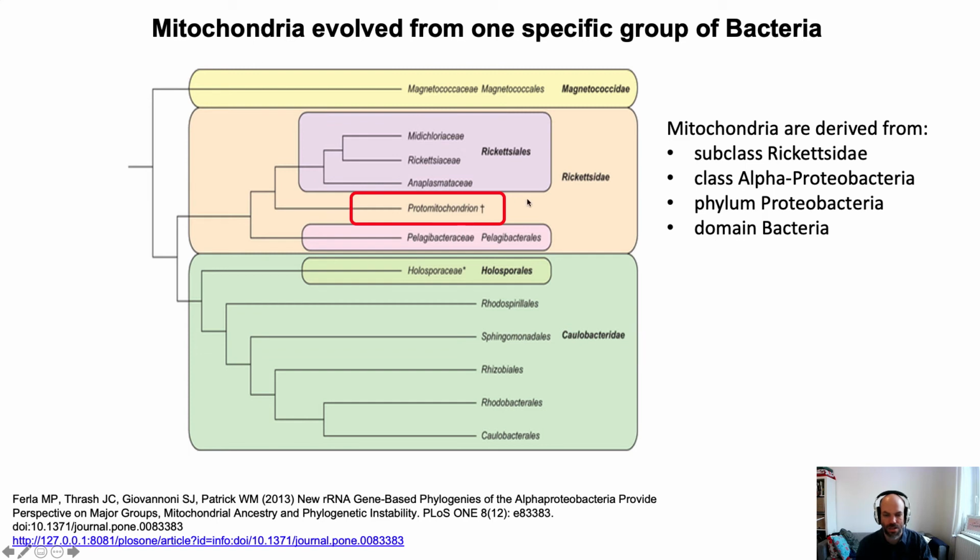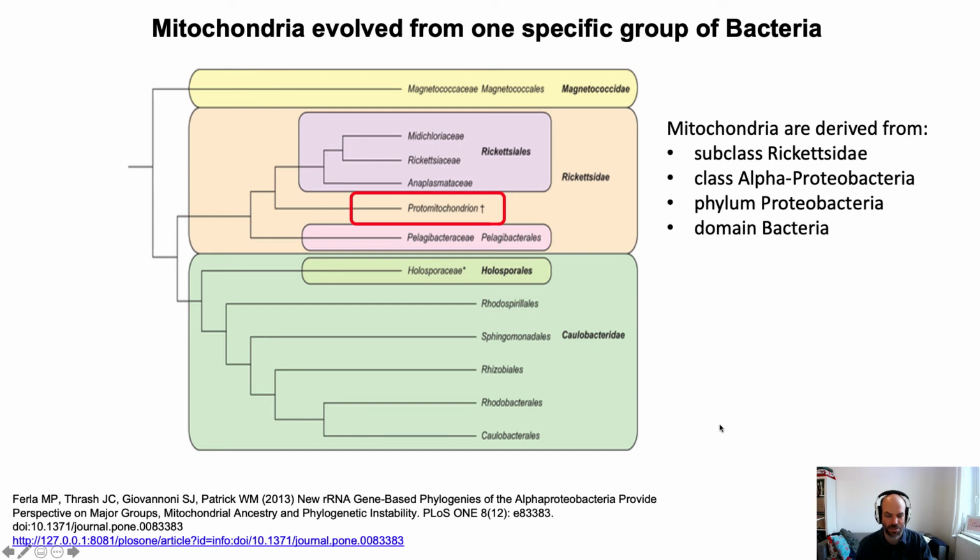So this is a very specific group of bacteria. And one lineage within this specific group of bacteria is the protomitochondrial lineage. If you sequence the 16S gene of the mitochondria, and it doesn't matter which mitochondria you sequence, all mitochondria of all eukaryotes would be placed in this one branch within this bacterial family. Right, so all of the mitochondria of all of the eukaryotes, their 16S ribosomal RNA genes would fit right here in this group of bacteria.